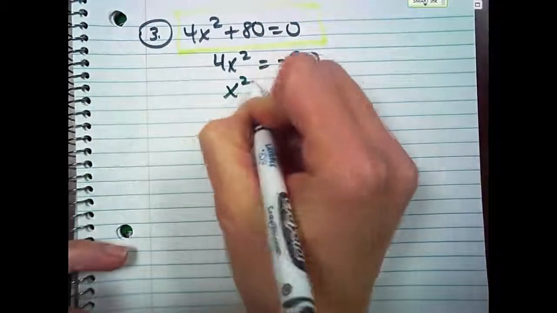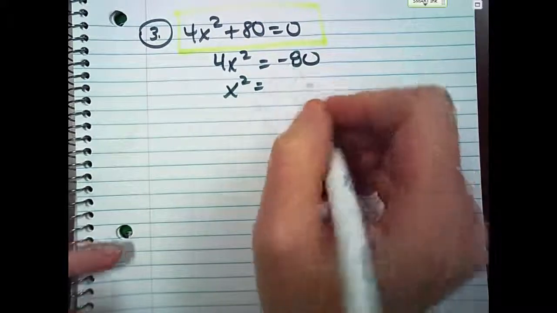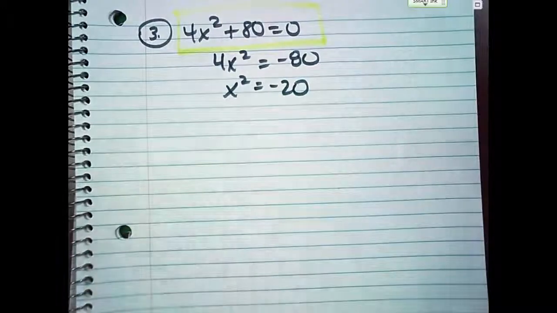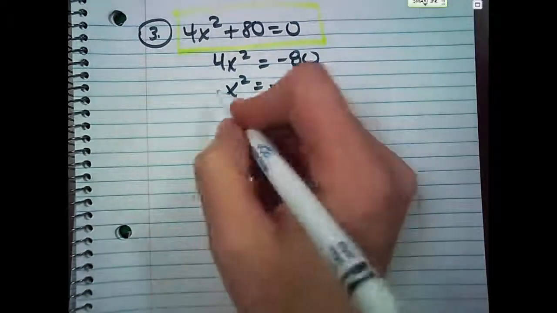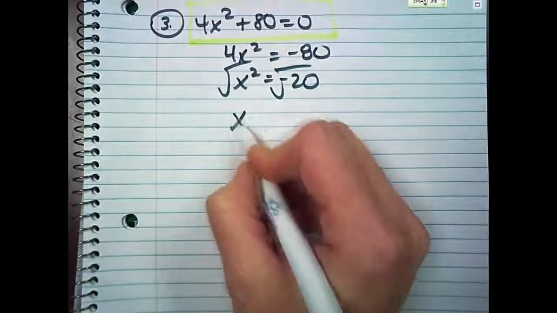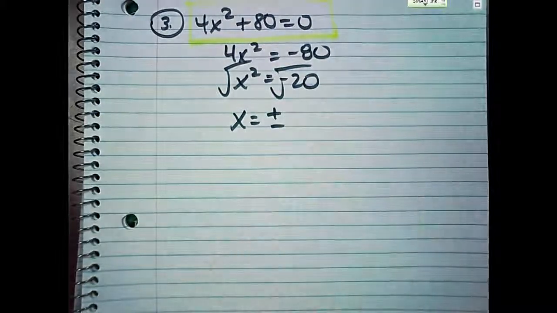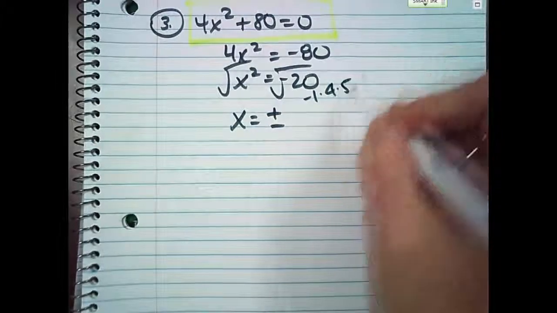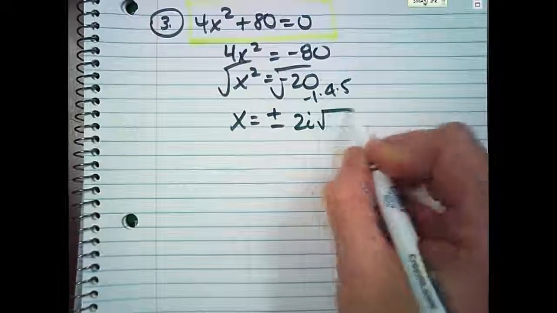Divide by your 4. Your square root. Positive and negative, right? You need two answers. And there's nothing to factor, right? So it's got to be a positive and negative form. This is like a -1, a 4, and a 5. So it's 2i root 5.